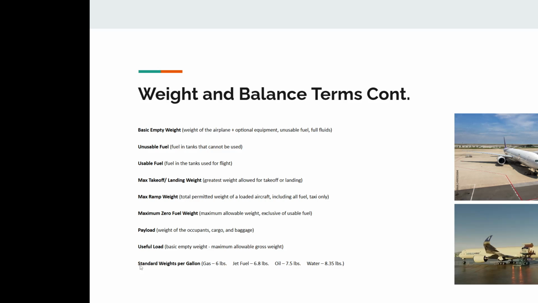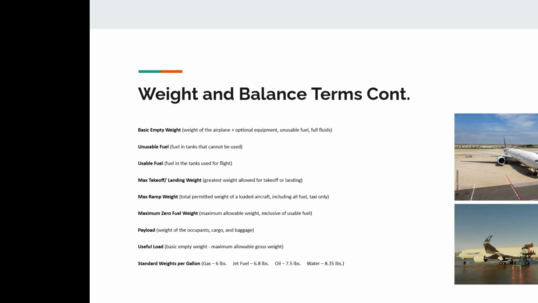And then there are some standard weights per gallon in aviation that are useful to know. For example, aviation gas, such as 100 low lead, weighs 6 pounds per gallon. This is useful to know when you're calculating weight and balance, because fuel is something you calculate.